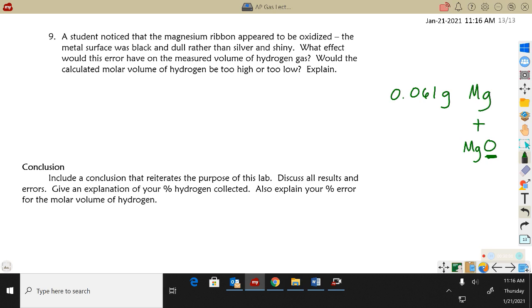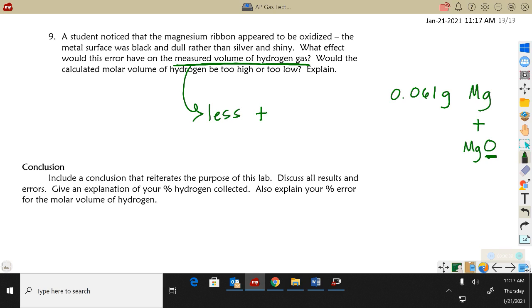All right, well, how is that going to affect the measured volume of hydrogen gas produced? Well, I thought that this was all magnesium, that it would all react and produce an equal molar amount of hydrogen. But if some of that's not really magnesium and it's not going to react, the measured volume of hydrogen is going to be lower than I expect.